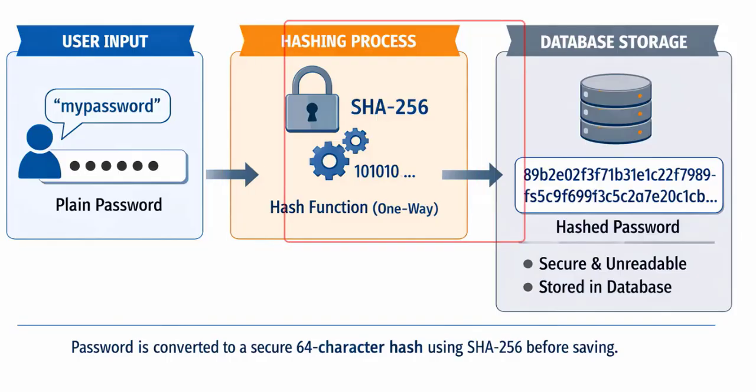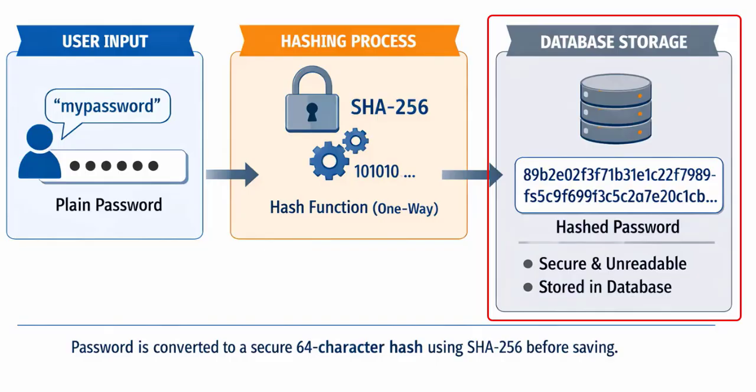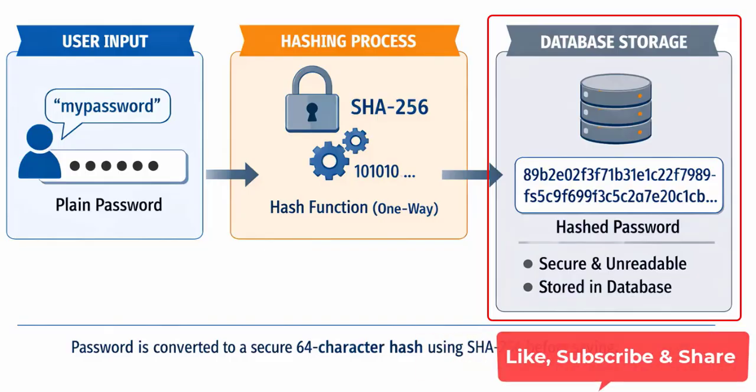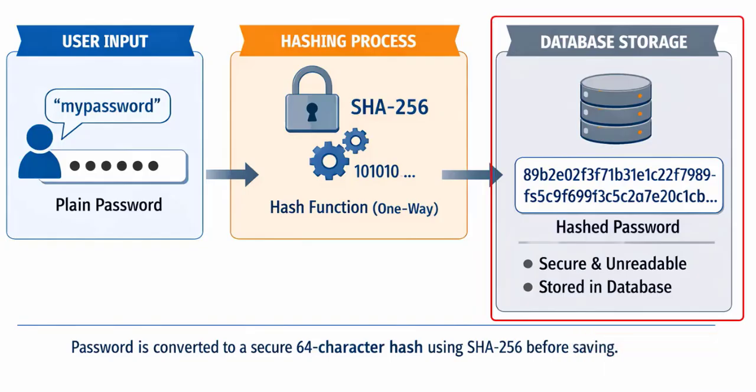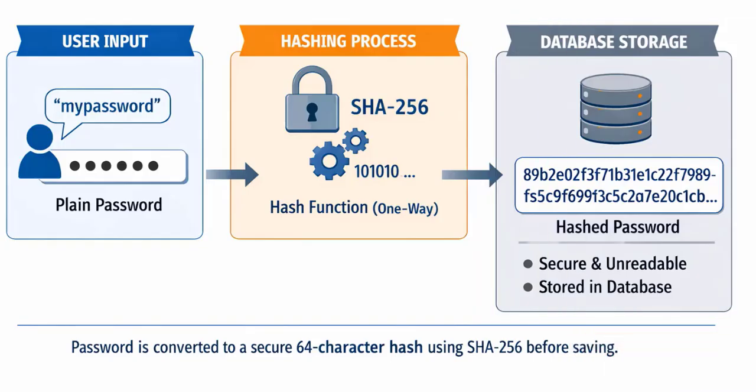Then this hashed value is stored in the database securely in an unreadable format. Even if someone accesses the database, they cannot see the original password, because only the hash is stored. Okay, let's implement this method step by step.